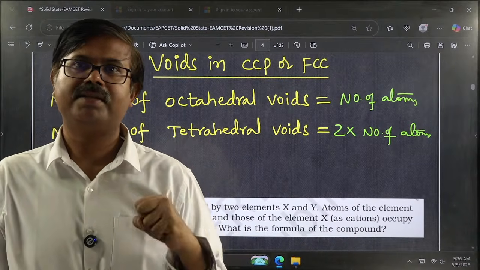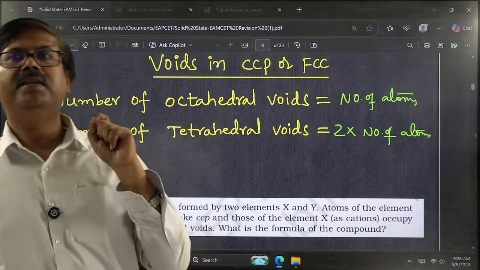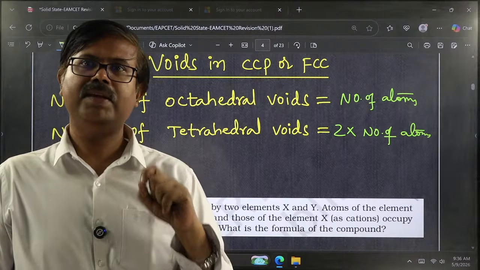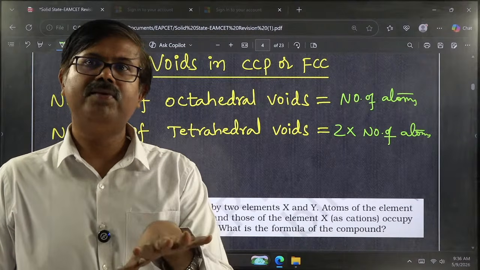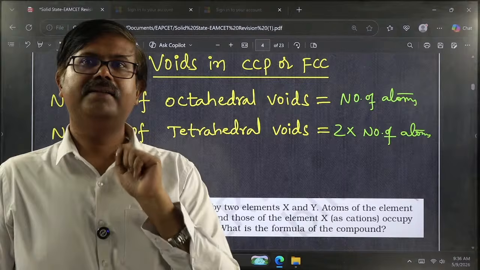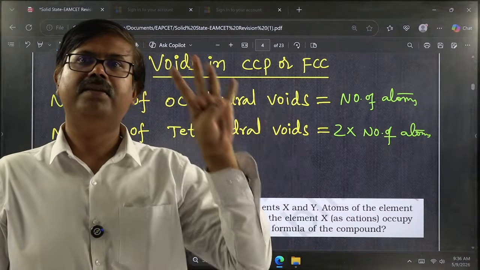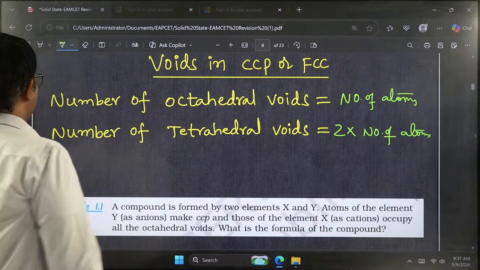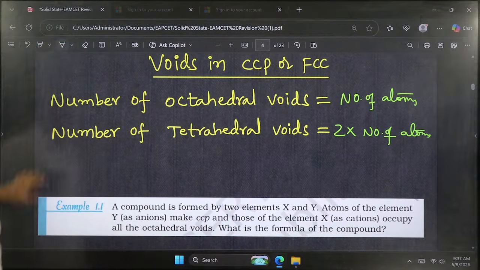But the only thing you have to remember is in hexagonal close packing HCP, number of atoms per unit cell is 6, whereas cubic close packing is 4. This you remember, other points will be taken care of automatically.